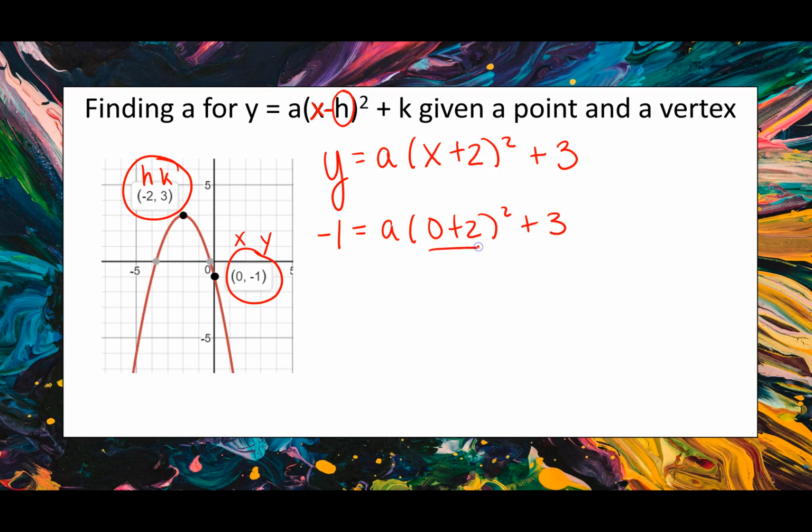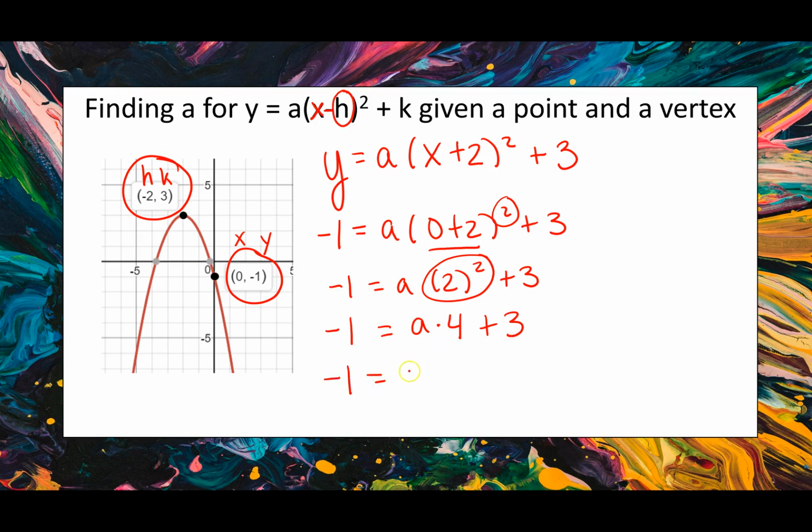What is 0 plus 2? That's going to give me positive 2. Don't forget the square. This gives me negative 1 equals a times 2 squared. Well, 2 squared is 4, plus 3. So negative 1 equals 4a plus 3.